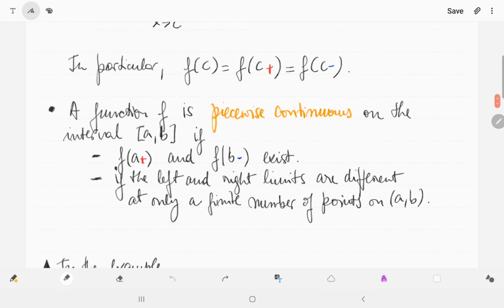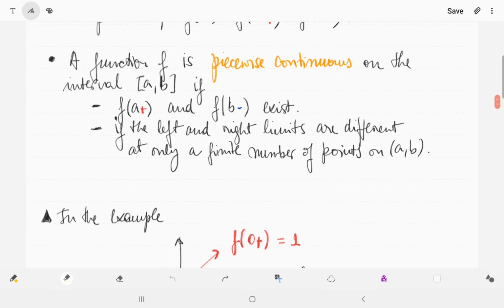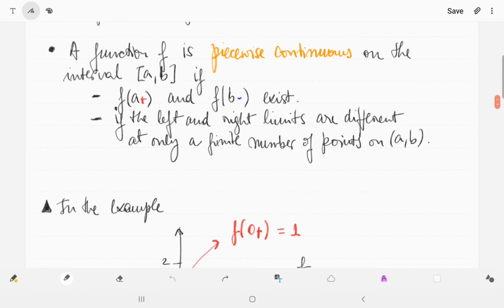And a function f is piecewise continuous on the interval [a, b] if these left and right limits exist, and the left and right limits are different at only a finite number of points in the interval.